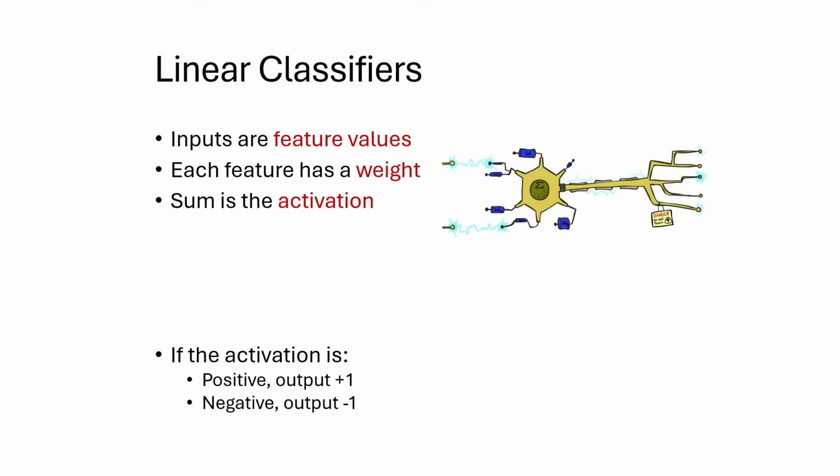So now we have something like a hard limit. If the sum is more than 0, then at the output it is activated, so it leads to the number 1. If it's below 0, it is not activated, so the output is negative 1. So the activation function is also included in this process.